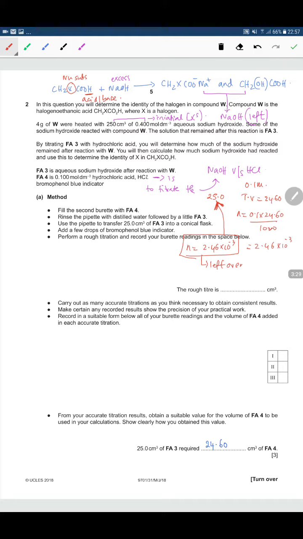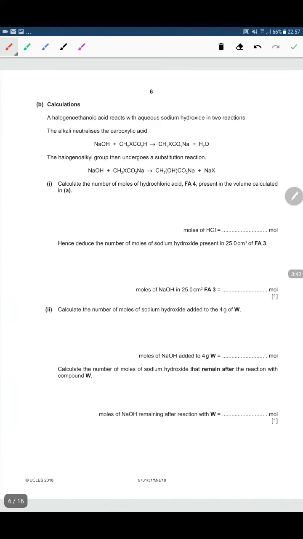And in that question, we took 250 centimeter cube of sodium hydroxide, so be careful about those values. This is where it can go up and down. Okay, let us go back now. The question says that the halogen acid is going to react with sodium hydroxide in two ways. One, sodium hydroxide reacts to form a salt, which is an acid-base reaction, as I said initially.